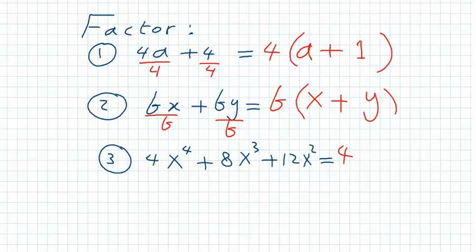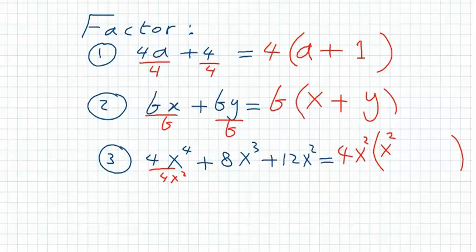Also the variables, x to the power 4, x to the power 3, x to the power 2. I'll choose the lowest power. Now open your parentheses. Try to divide every term by 4x squared. 4 divided by 4, you have 1, no need to write it. x to the power 4 divided by x squared will be x to the power 2, because we subtract powers when we divide them. Plus 8x cubed divided by 4x squared.